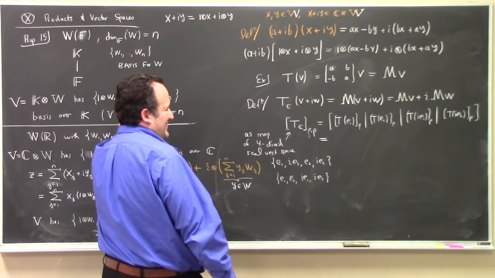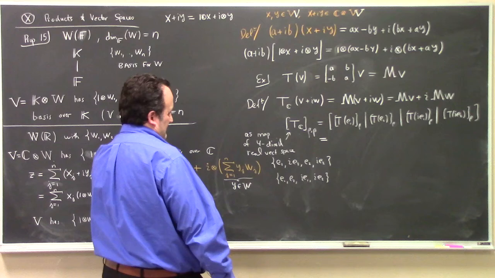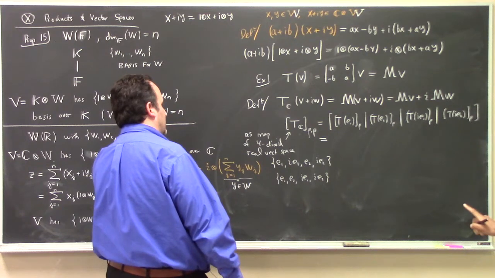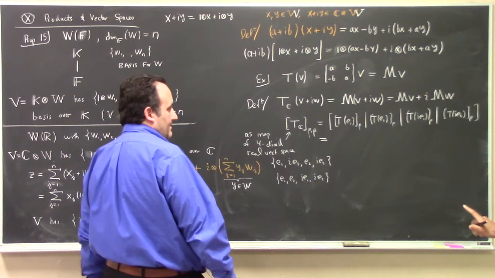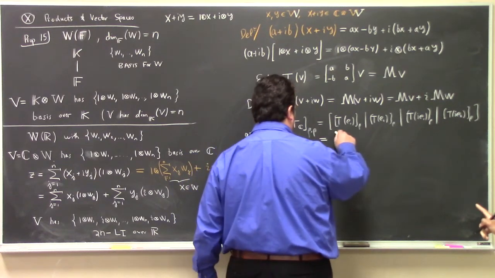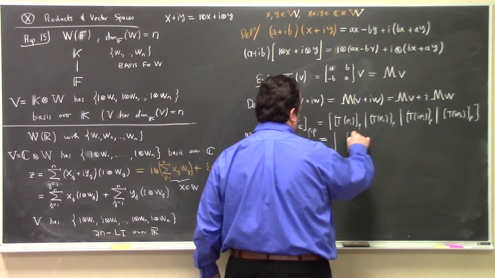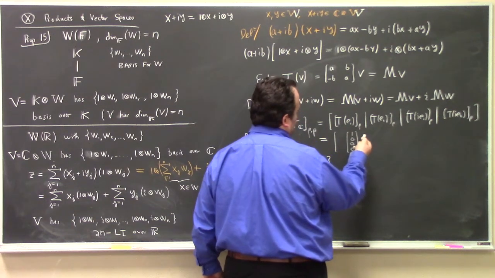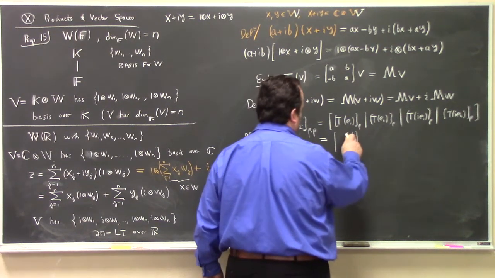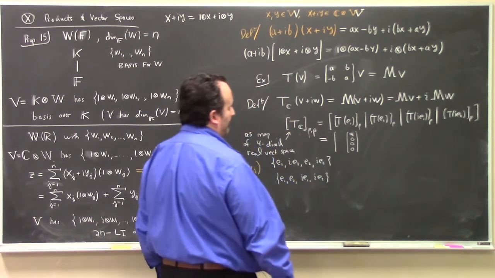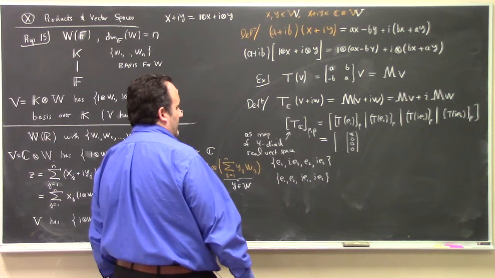Now, what is that? That's 1, 0, 0, 0. Well, it's not 1, 0, 0, it's a, right? This is 0, b, 0, 0.